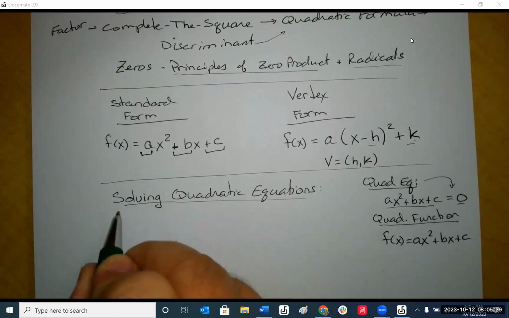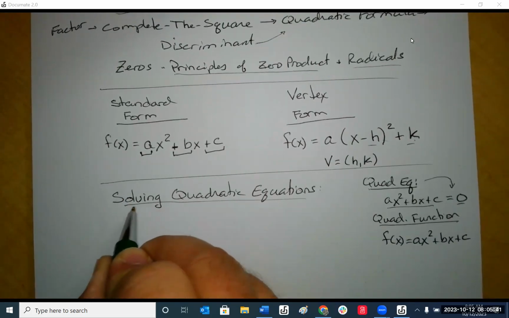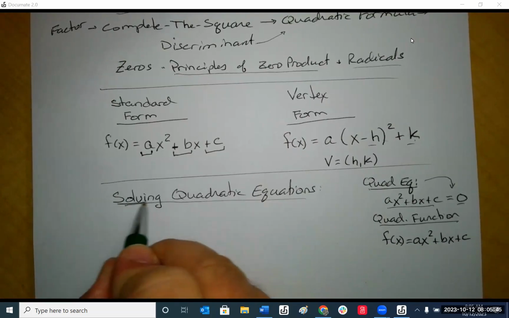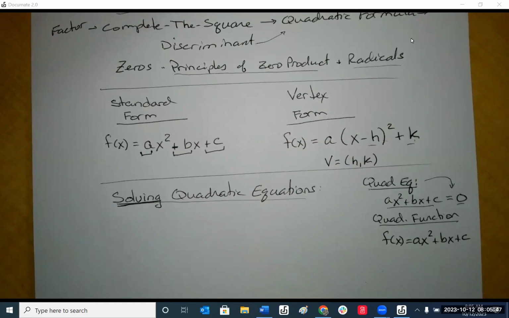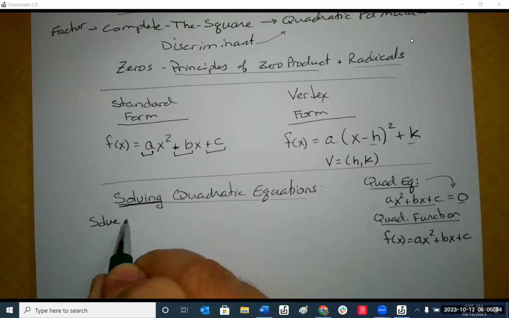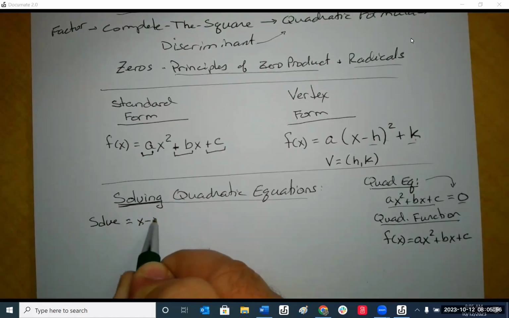All right, so when we say solving, let me first say that this word has two other ways you can say it. When we say solve, what we're looking for are the x-intercepts.